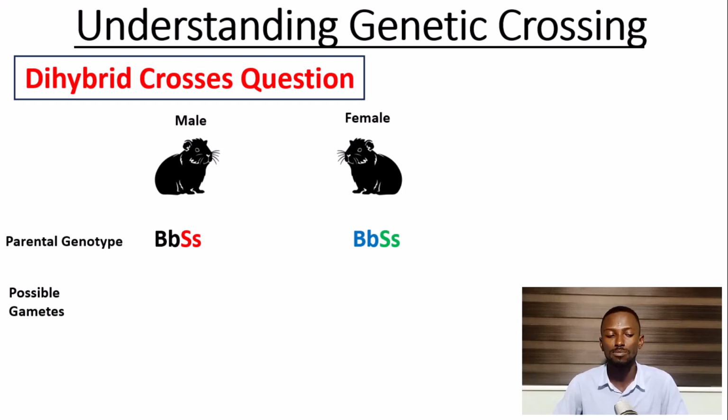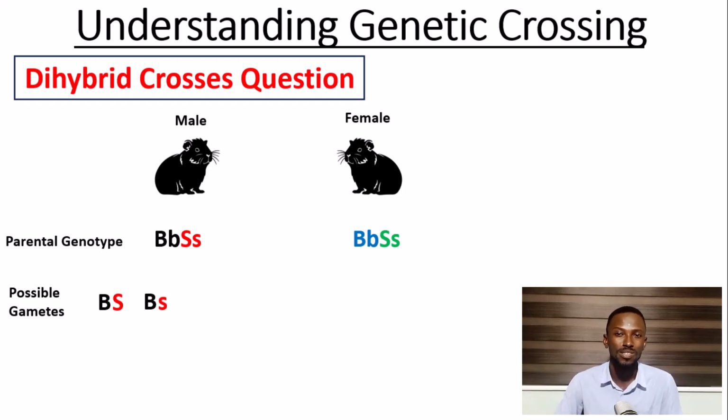So what are the possible gametes from the male? When it comes to the color of the fur, the male can give capital B. And when it comes to the length of the fur, it can give capital S. So that is one possibility: capital B, capital S. Or it can give capital B and pair it with small s.